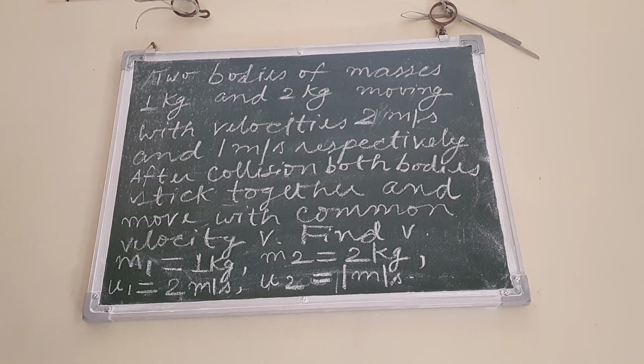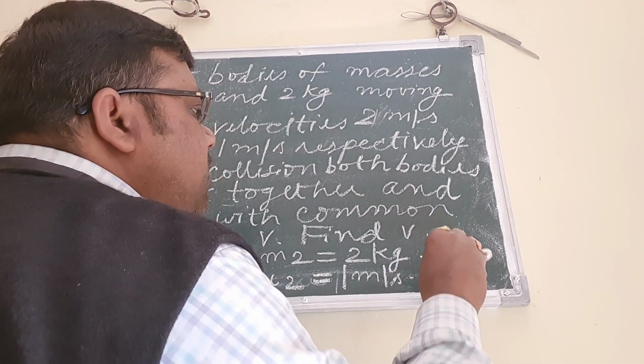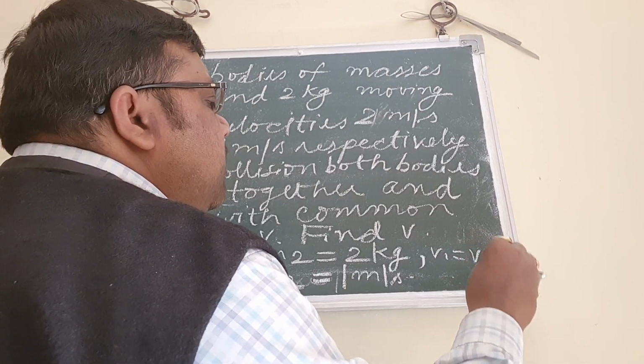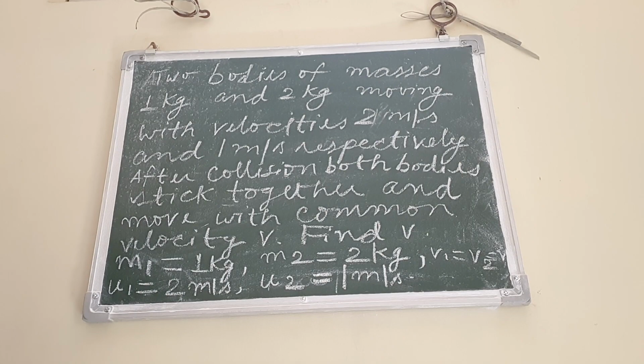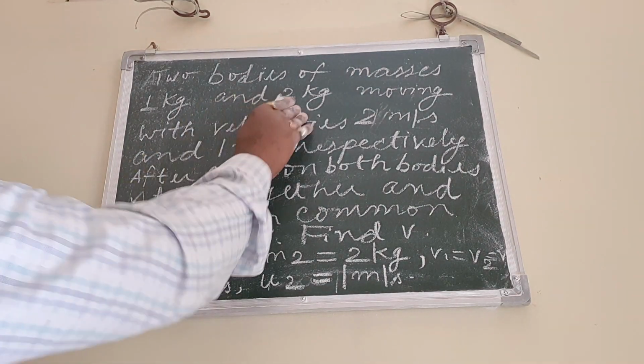The final velocities v1 and v2 are equal to v, because the bodies stick together and move together. So we have to find this final velocity v.